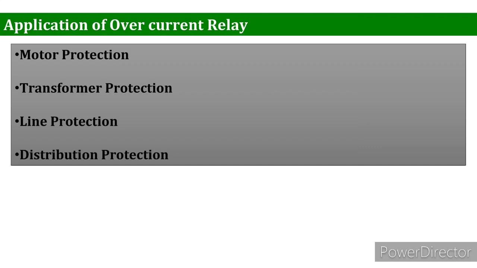Inverse time and instantaneous overcurrent phase and ground overcurrent relay is used for motor protection above 1000 kilowatt. If we talk about transformer protection, it is used only when the cost of overcurrent relays is not justified extensively, also at power transformer location for external fault and backup protection.